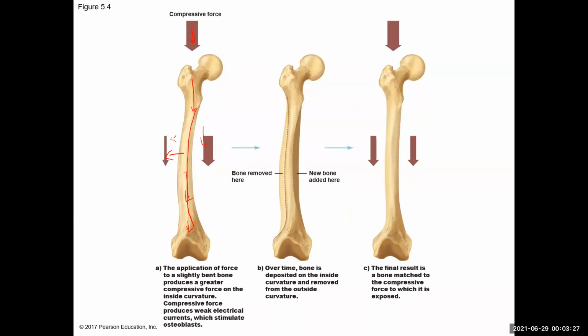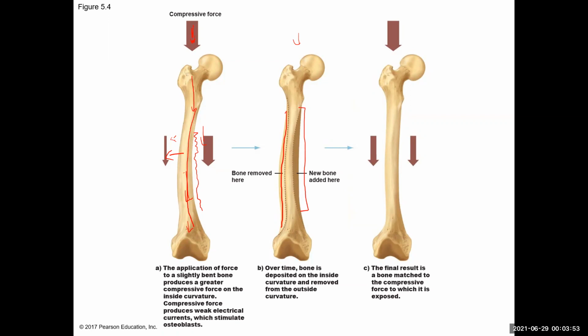So what that does is it stimulates osteoblast activity on the outside and stimulates osteoclast activity on the inside, where bone will be removed. So you end up with this scenario in the middle where you have bone being added, and then you have bone being removed due to the lack of compressive forces there.